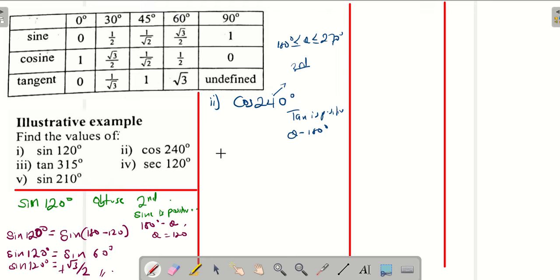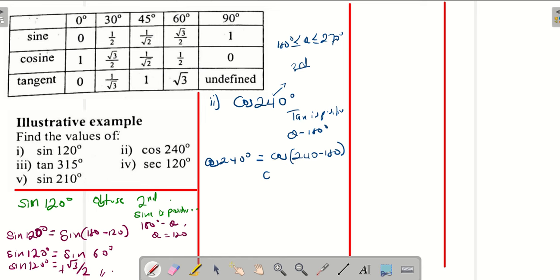So it means that our cos 240 degrees is going to be equal to cos of theta minus 180, where theta is 240, so 240 minus 180.